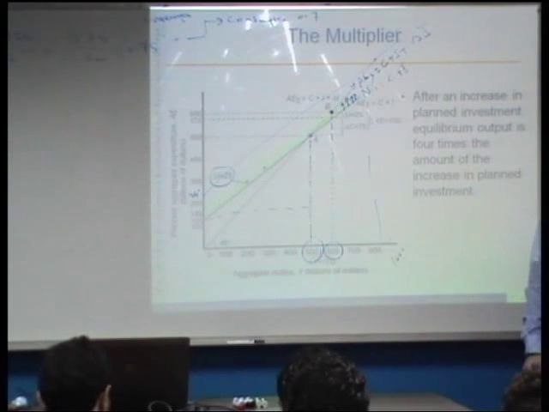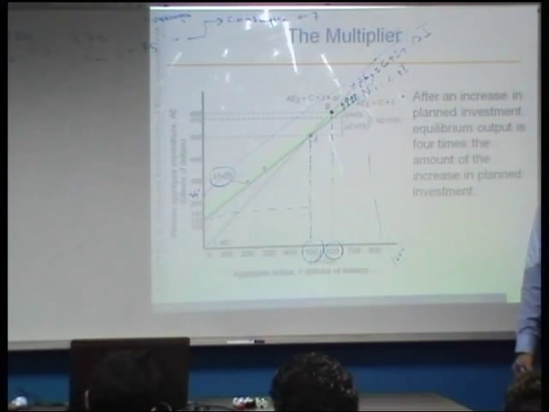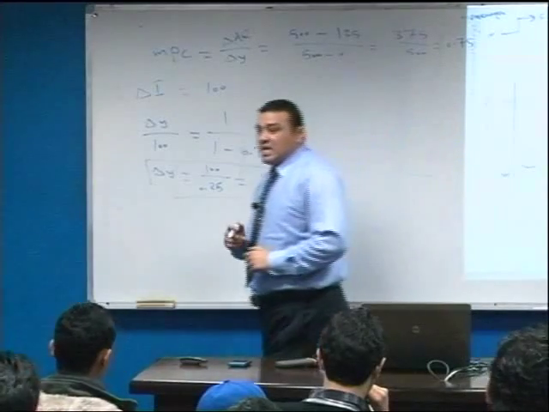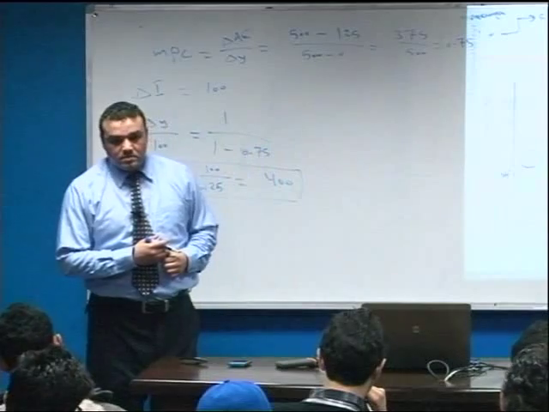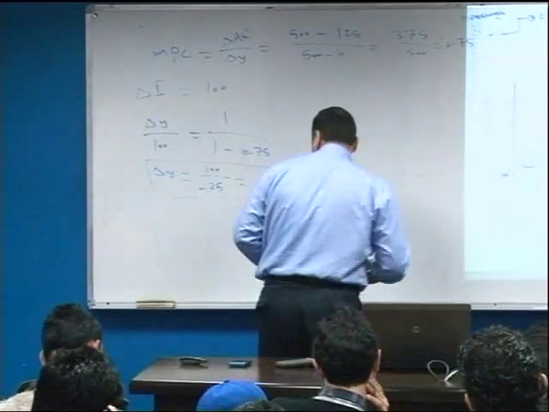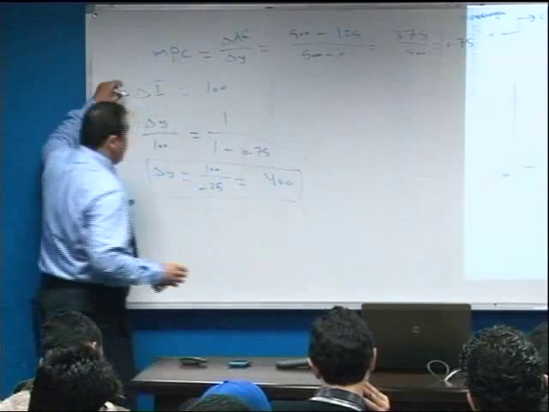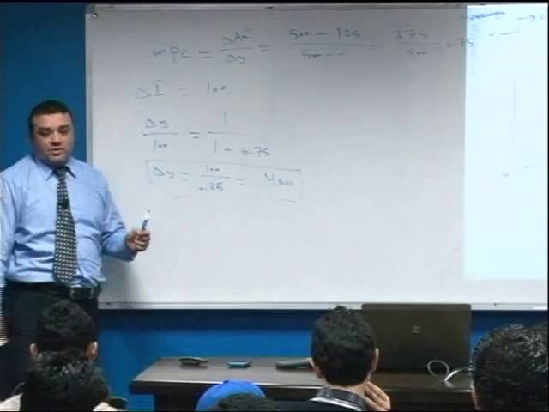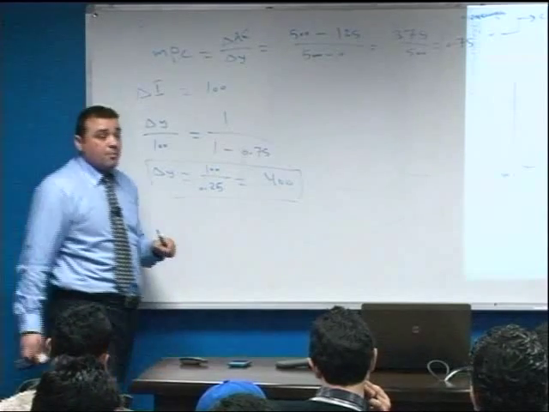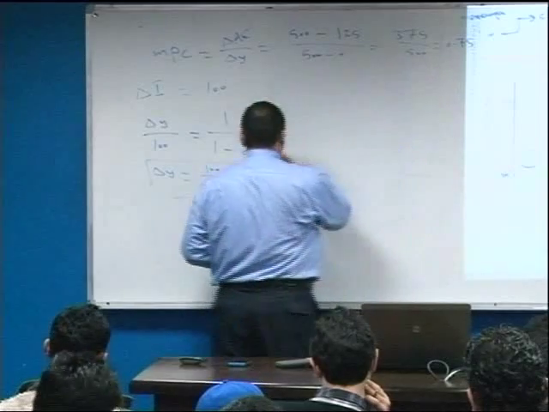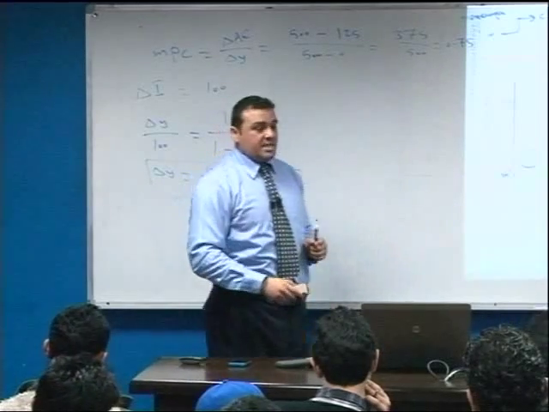Right? Okay. Now if the MPC increased, suppose that the business sector decided to increase its spending by $100 million, and the marginal propensity to consume increased from 0.75 to 0.80.